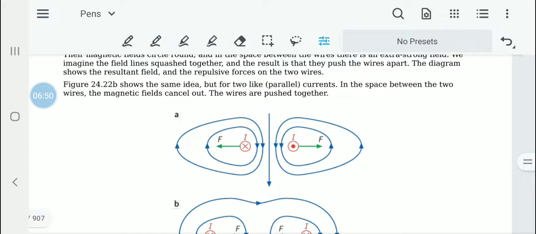So obviously you have to first use the grip rule to find out the direction of the field, and after that you have to use the left hand rule to find out the force.